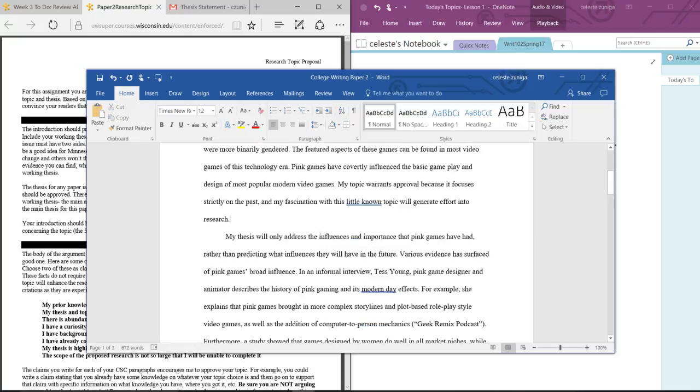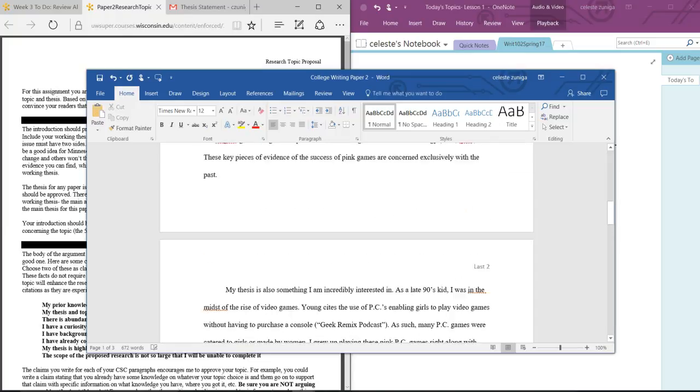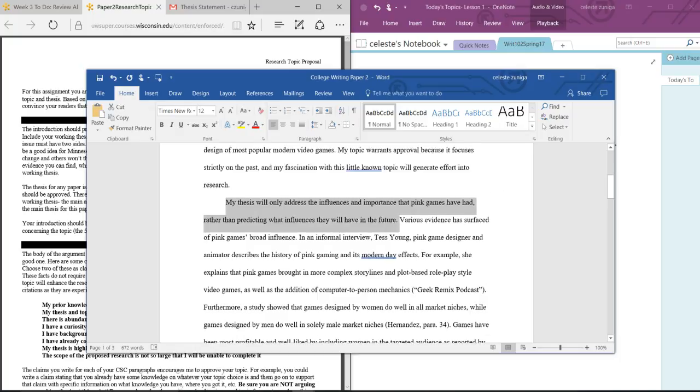So in her claims here then, because we know that she's going to go right into her CSC sections, for her first claim here, she writes, my thesis will only address the influences and importance that pink games have had rather than predicting what influences they may have in the future.